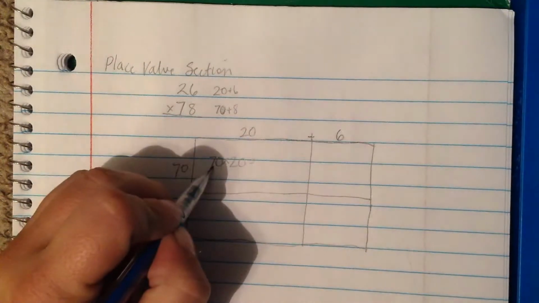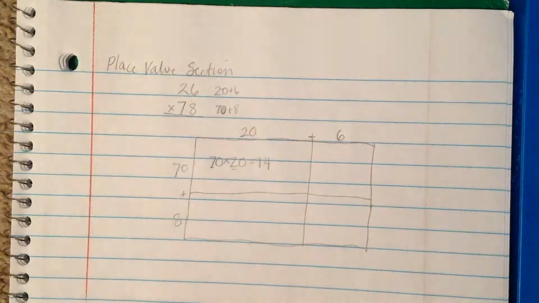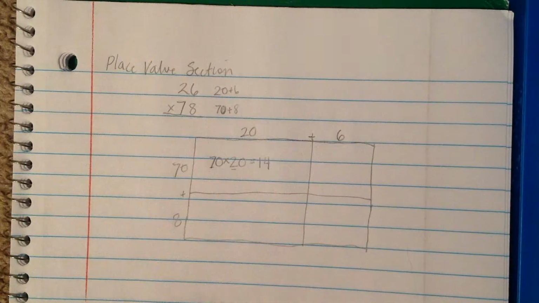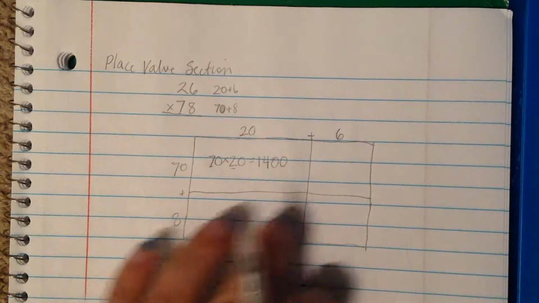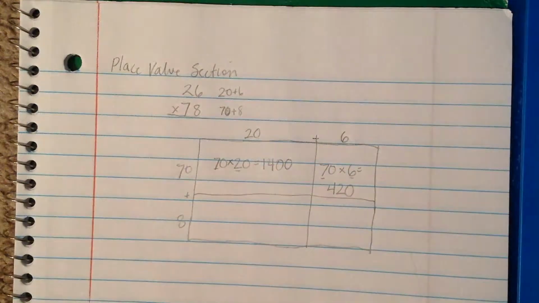Well, I know 7 times 2 is 14, and I have 2 zeros, so I'm going to add those place values on. In this box, I have 70 times 6. I write that problem equals, I know 7 times 6 is 42, and I have 1 place value to add back on.